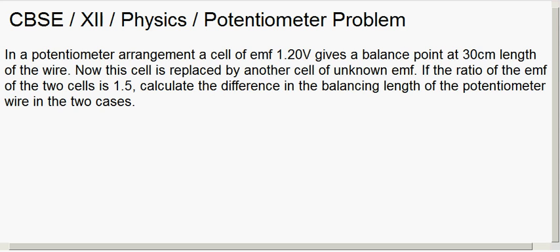Here we know one of the EMF, that is, we can take it as E1. Let us say, given here, E1 is equal to 1.2 volt. Also the corresponding balancing length L1 is 30 centimeter.